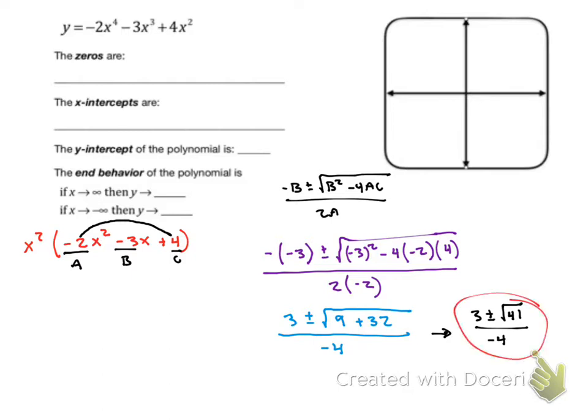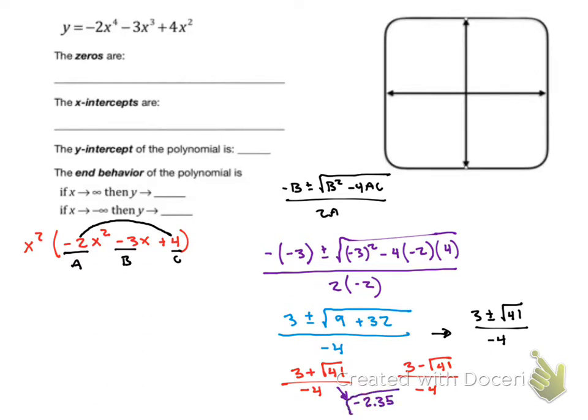So now we have to take this and write two different equations for it. So we're going to split this. We're going to have 3 plus square root of 41 divided by negative 4. And then we're going to have 3 minus the square root of 41 divided by negative 4. So when we put these in the calculator, for 3 plus square root of 41 over negative 4, for this one here, we get negative 2.35.